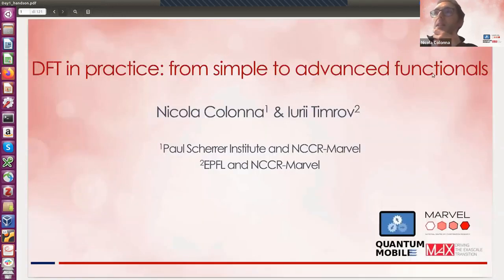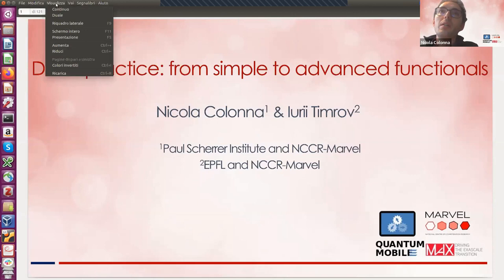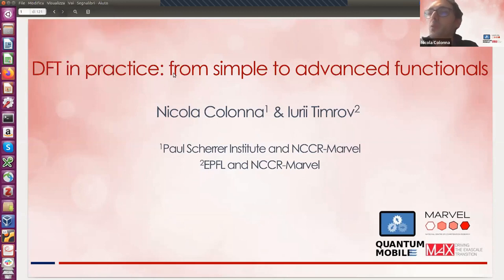Okay, so let me just go to the very beginning. This is the first hands-on on DFT in practice, from simple to advanced density functionals. What do I mean by this?